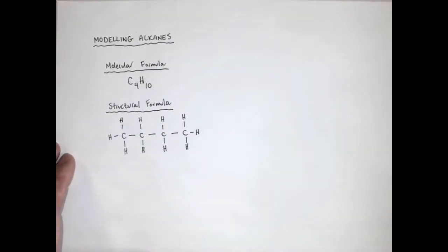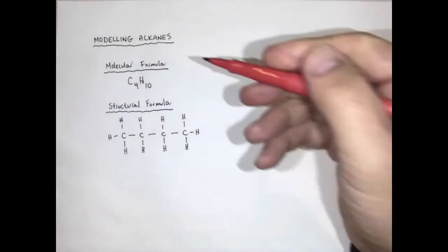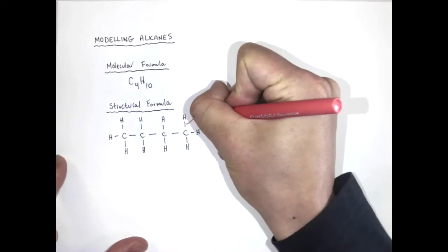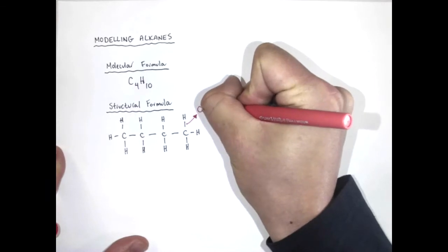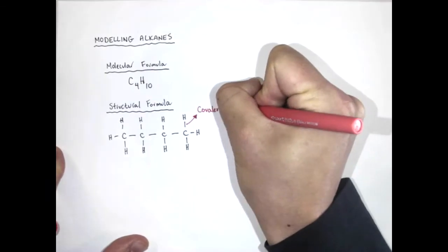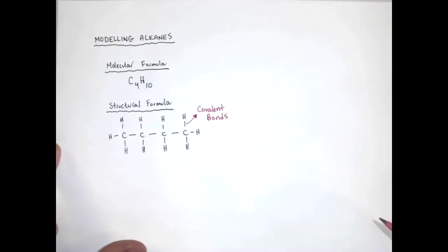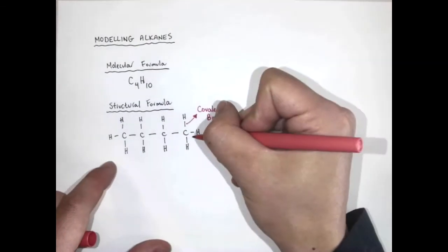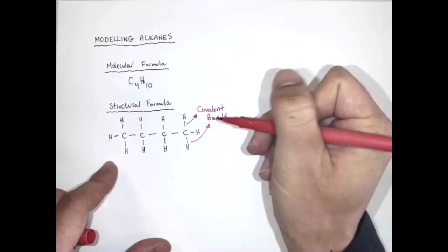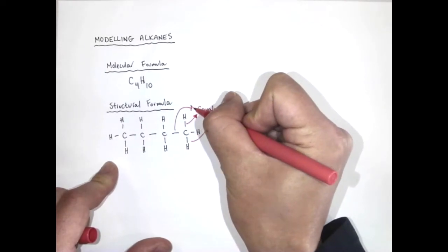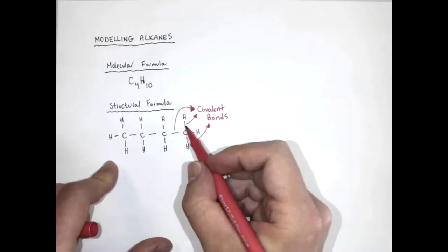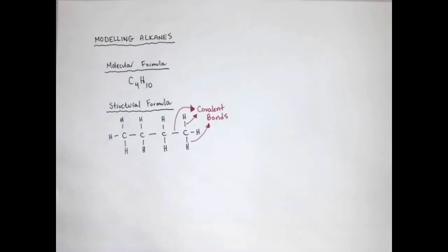The lines that you see here, just a reminder, represent covalent bonds. That's a sharing of a pair of electrons. There are covalent bonds between carbons and covalent bonds between carbons and hydrogens. So we represent a single covalent bond with one line.